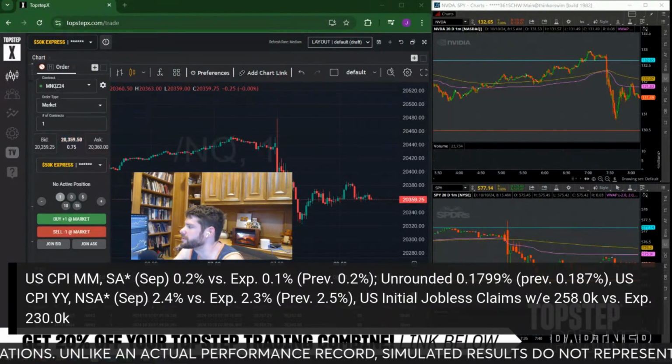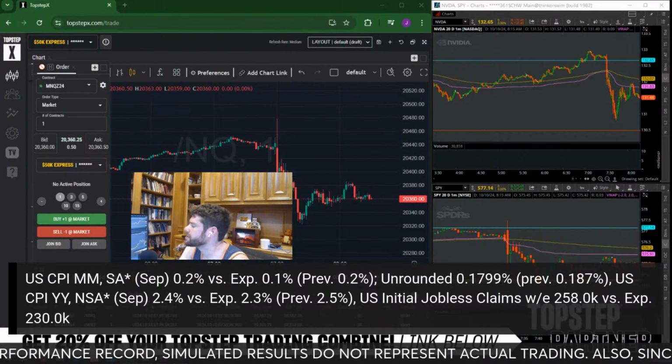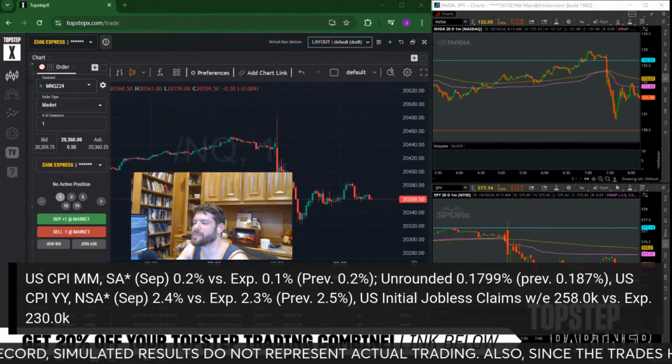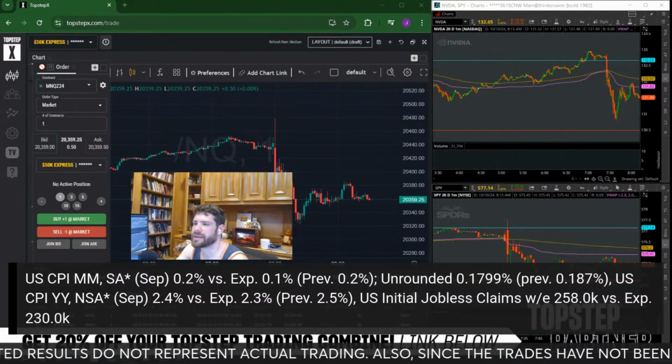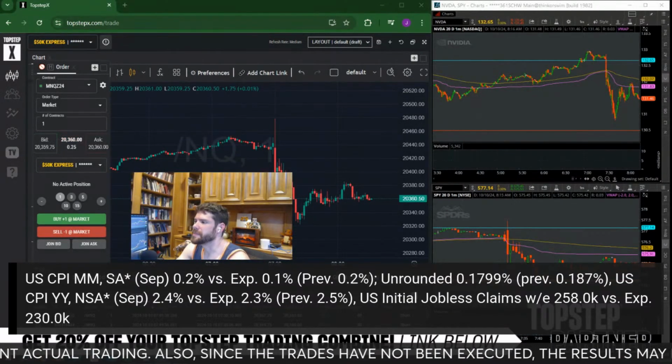Tesla even held up. Tesla report, I think, is at 9 o'clock tonight, but I might be wrong. It's kind of at 9 o'clock tonight. So, we still got time.